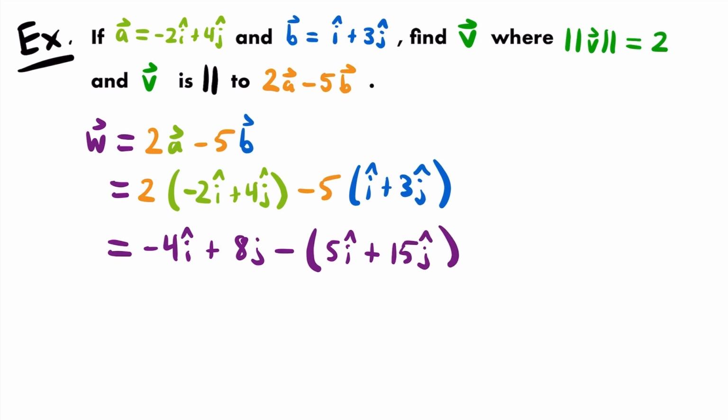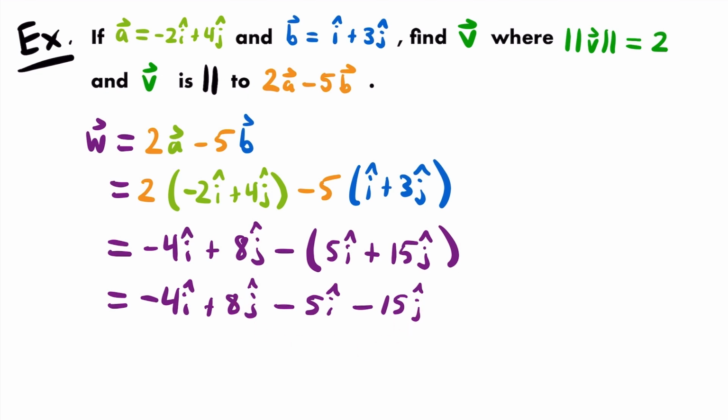Okay, now if we simplify, we need to distribute this negative through this quantity. So this will be equal to negative 4i plus 8j, and don't forget the hats, minus 5i minus 15j. Okay, and now at this point what we want to do is combine our like terms. We want to combine our i terms and combine our j terms, right?